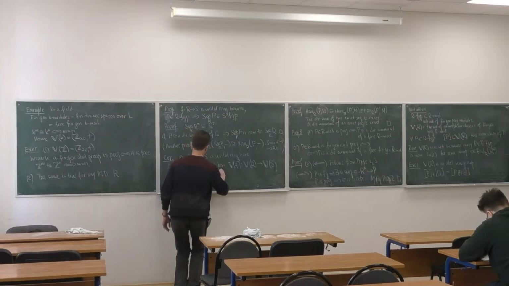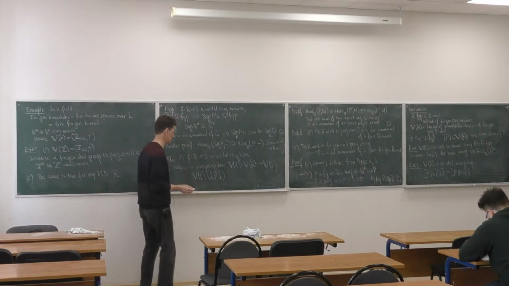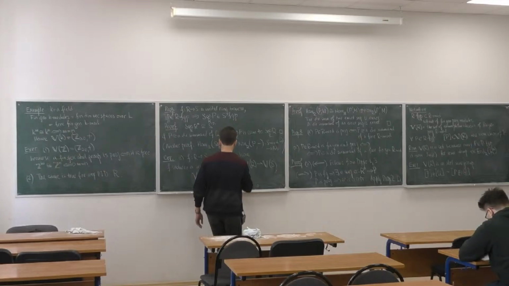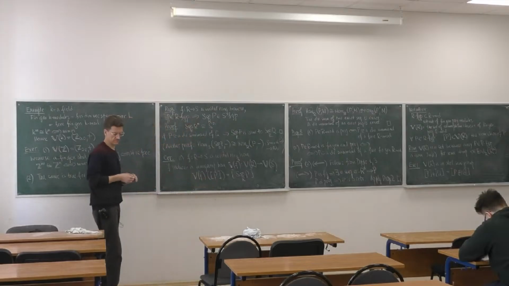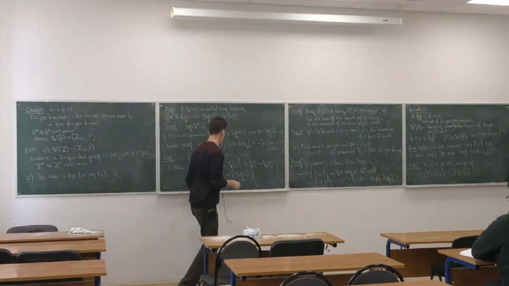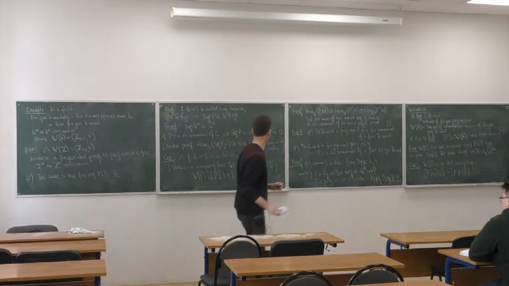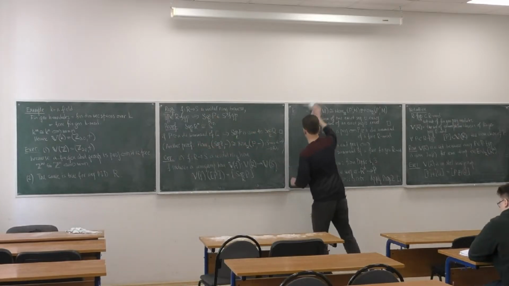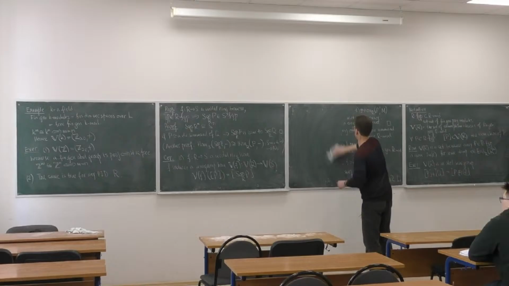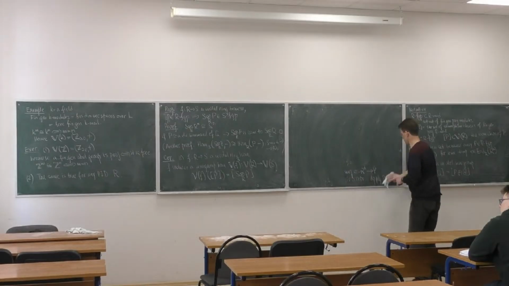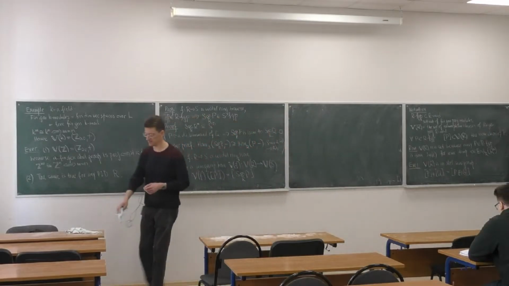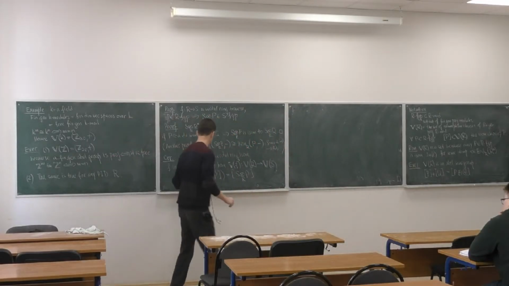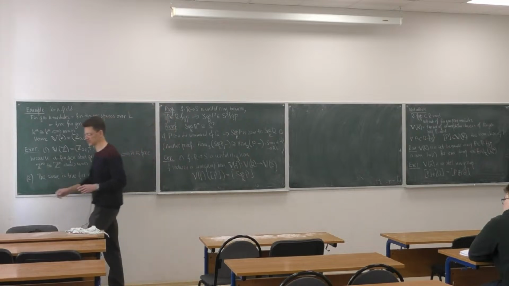It takes the isomorphism class of a module P to the isomorphism class of S tensor P. And this is easily seen to be a semigroup homomorphism. So as a result, we have a functor from unital rings to abelian semigroups.